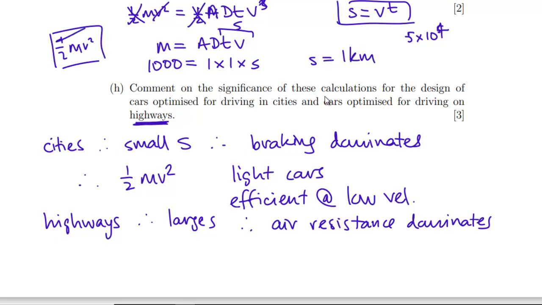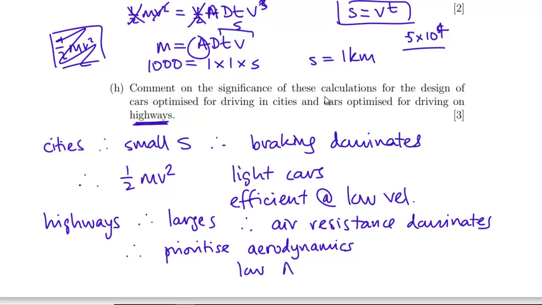So if you're braking less, the air resistance is going to dominate. So we want to prioritize aerodynamics. We can't really change the density of the air, but we can change the cross-sectional area, A. So we want a low A, low cross-sectional area.